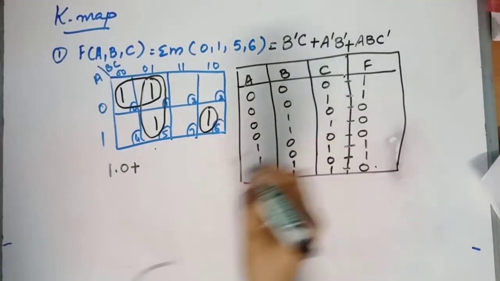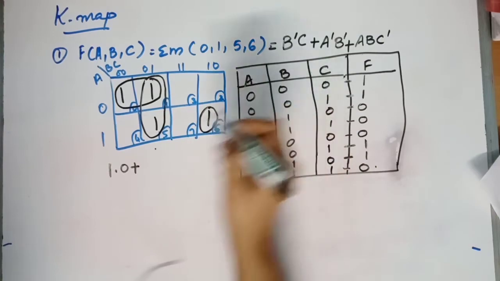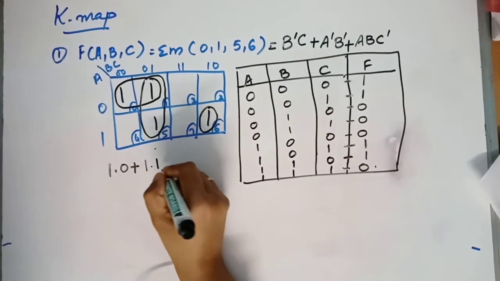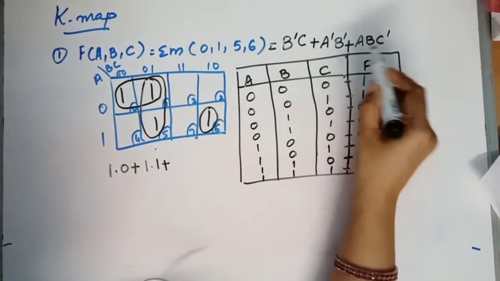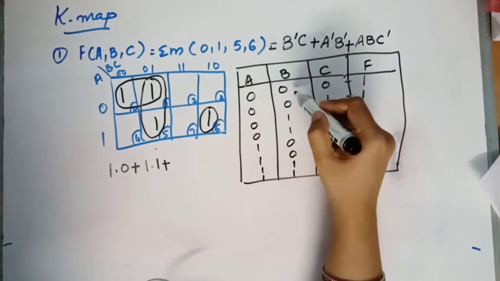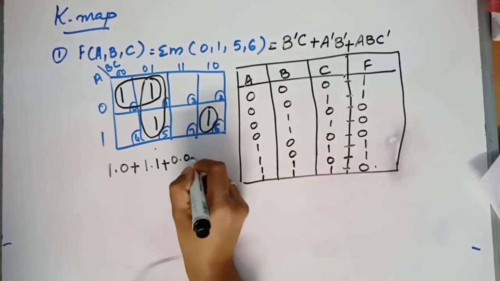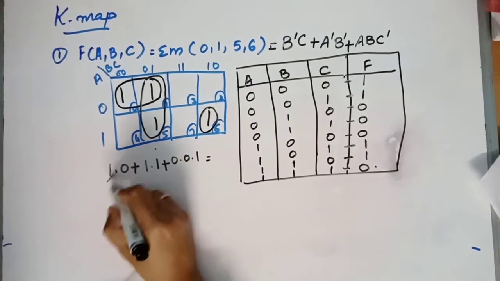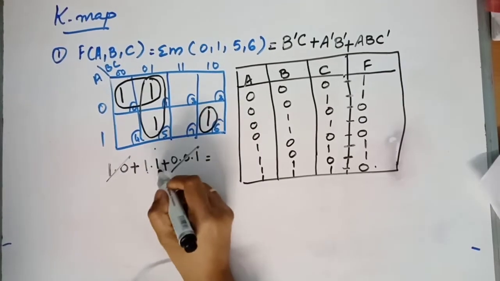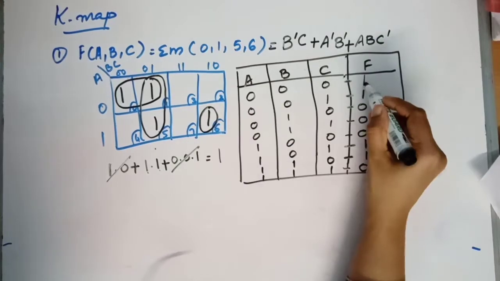Plus A bar B bar, that is 1, plus A B C bar, 0 0 1, so this is 0, this is 0, this is 1. So you got the answer 1.